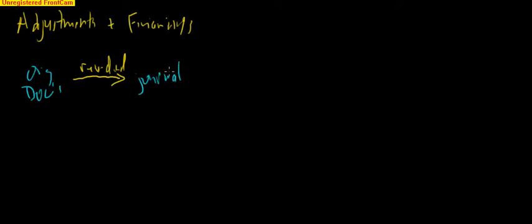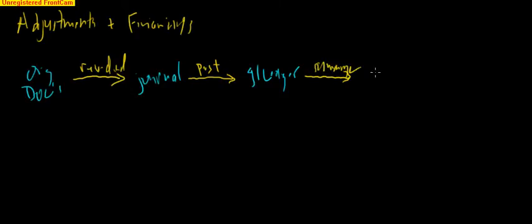And from the journal we post into a general ledger, and from the ledger we summarize into the what? Trial balance.